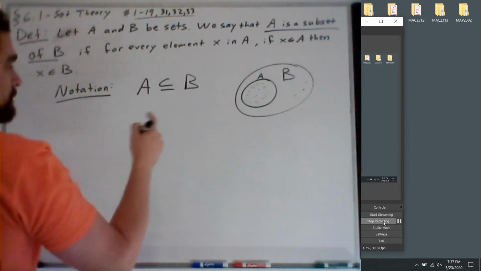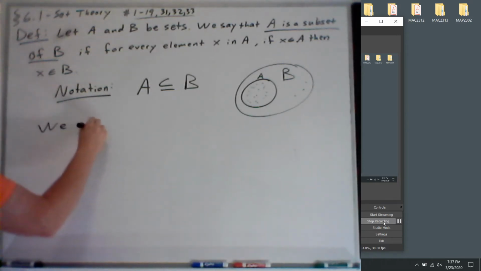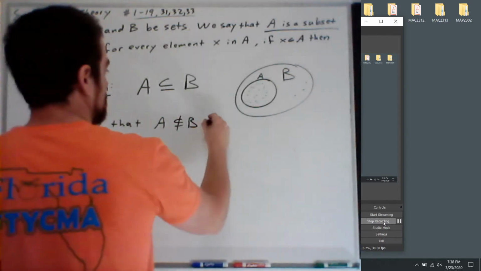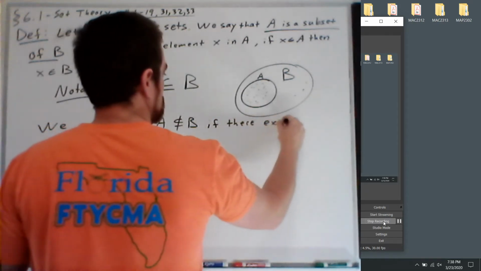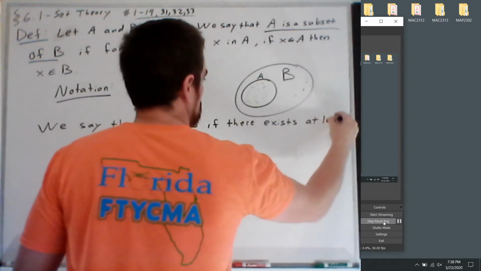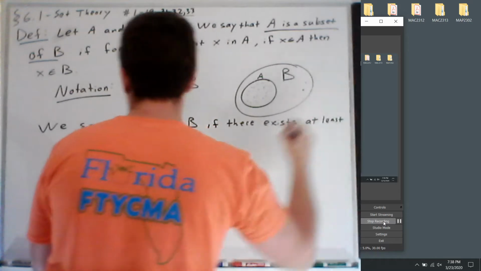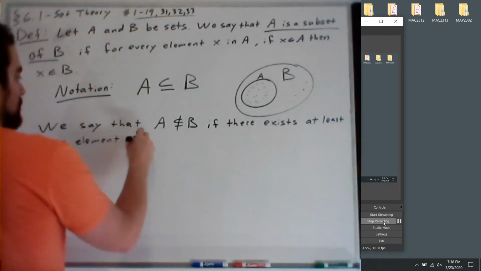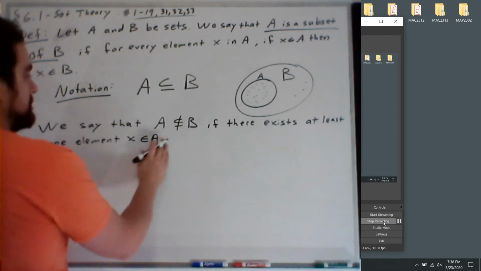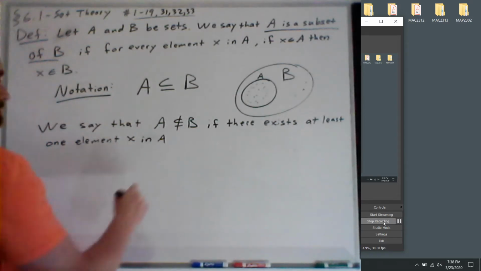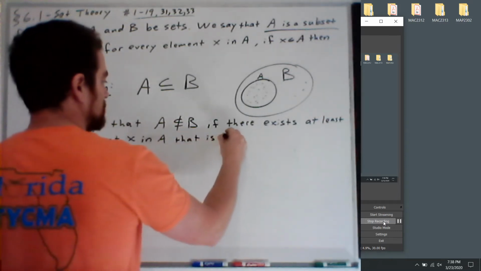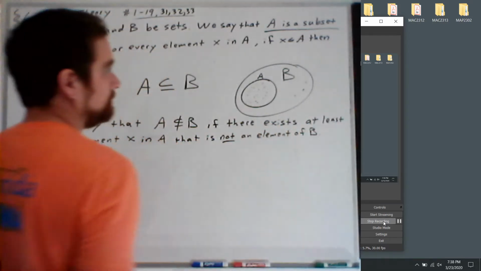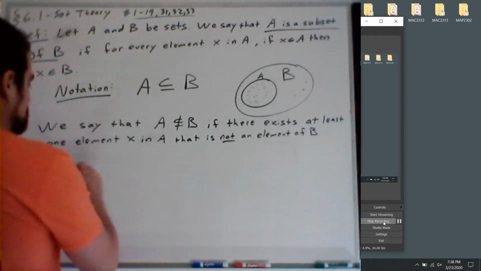We can negate this statement. Right? We say that A is not a subset of B if there exists at least one element X in set A, let's say X in A, that is not an element of B. All right, so X is in A, but it is not in B. Again, here's the notation.